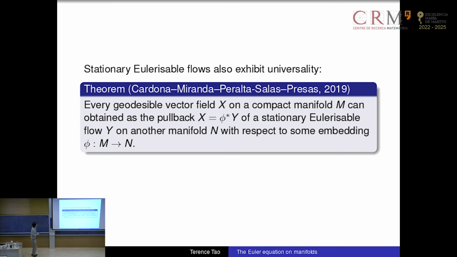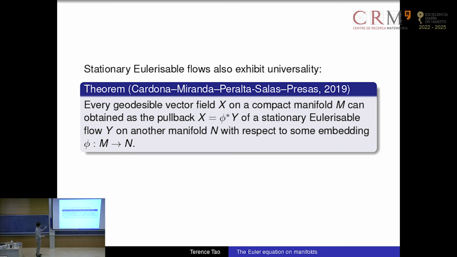So, for example, if you have a vector field on a manifold which is geodesible, which means that there's a metric on the manifold that turns the vector field into a geodesic field, then a vector field on the manifold is a solution.